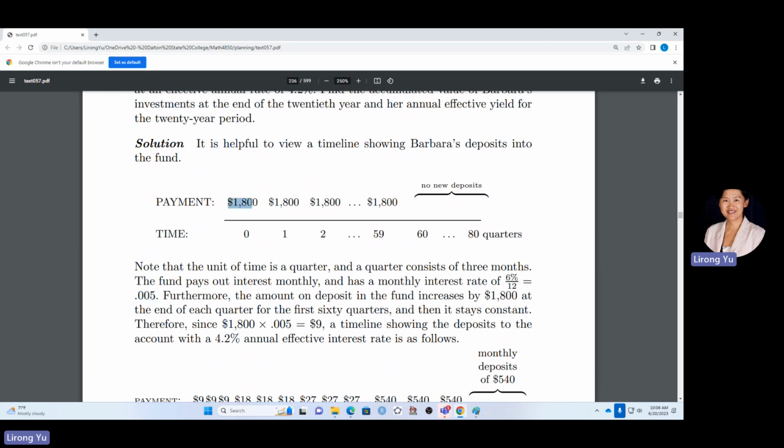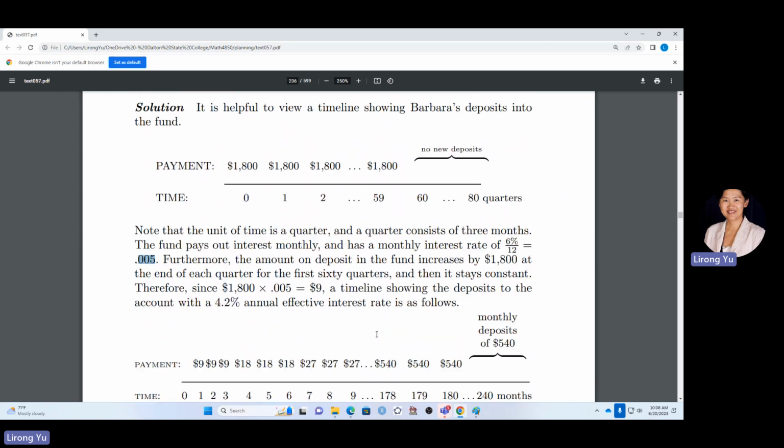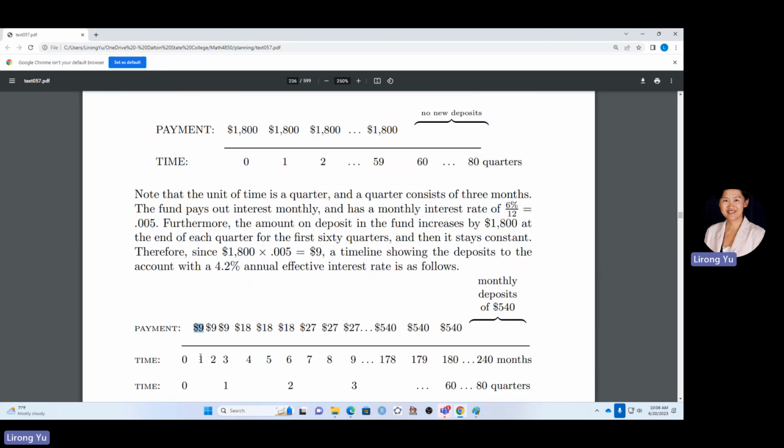So 1,800 multiplied by 0.005 each month, we're getting $9, at least for the first quarter. So between 0 and 1/4, the interest is $9 per month. Remember, the 6% over 12 is a monthly interest rate, and it's being paid out monthly. So we have $9 for the first month, $9 for the second month, $9 for the third month.